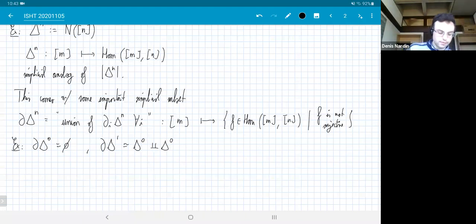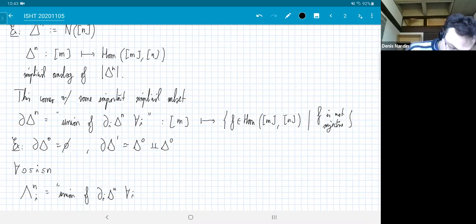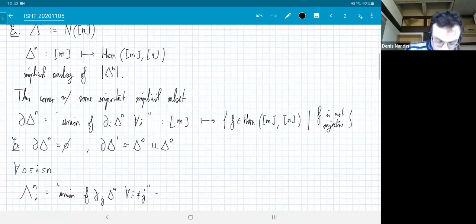And let me give another important example, and then I'll stop for questions. So for every i, you can take also the horn, which is the union of delta n, delta i, for every i different than j. All the faces, delta j, all the faces except the ith.